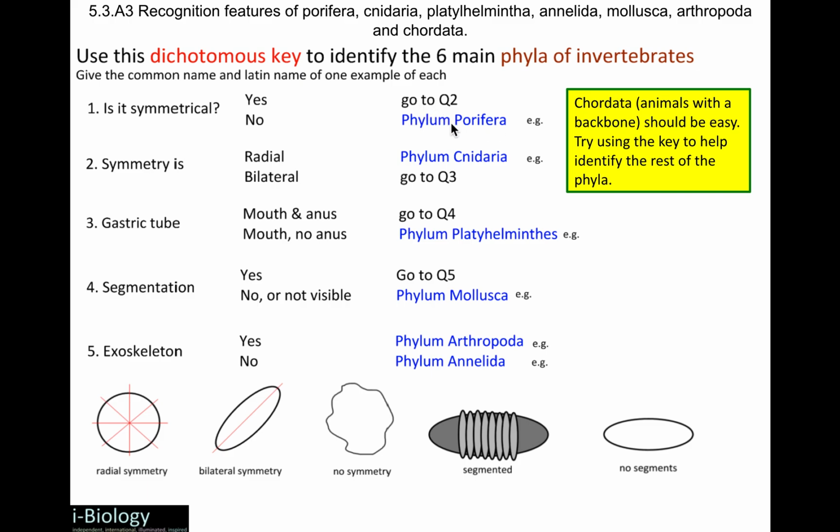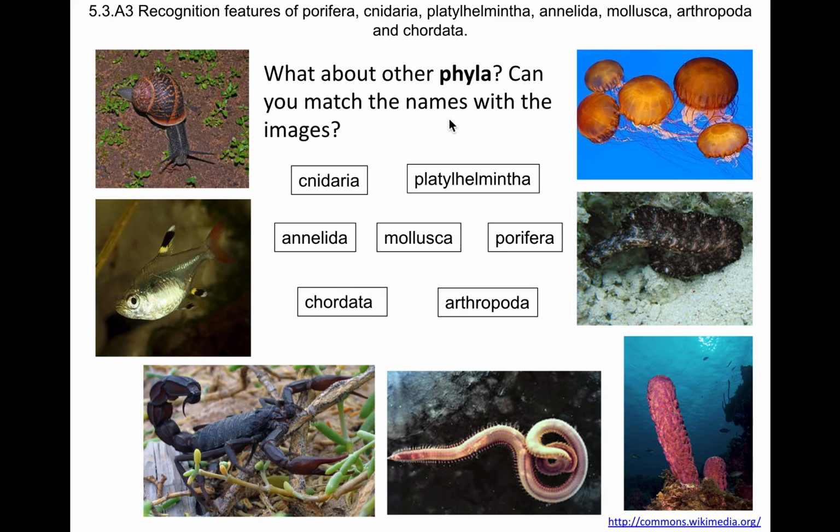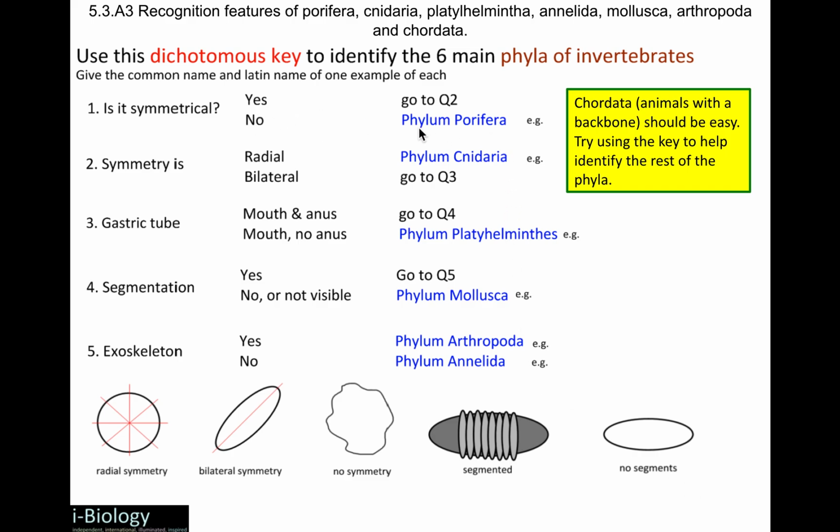So for example, if we jump back here, if you look at these, which one doesn't have symmetry? It's actually this one right here. I know it doesn't seem like it, but if you look, it's not perfectly even. There's a piece that even comes off over here, and it's kind of random in shape. If it were to grow, it could actually grow further out. So that species is going to be the Phylum Porifera.